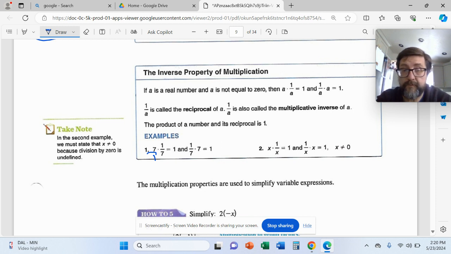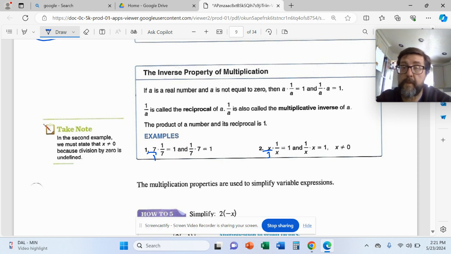So I will let you guys look at this a little bit more. Let's do number 2 together. X times 1 over x is 1x over x. So it is 1 whole.